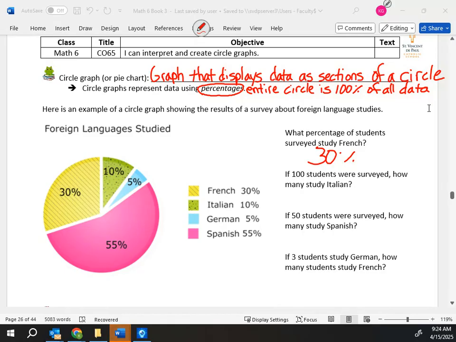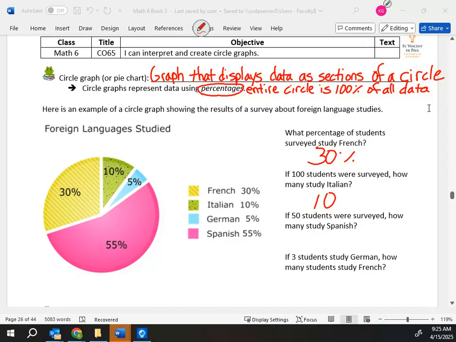Lila? 10. How did you get 10, Lila? Because it's already 100. So I'm just trying to get the percentage into the number. Because it's out of 100%, and then you have 100 students, so each student is 1%. So if 10% studied Italian, you would get 10.